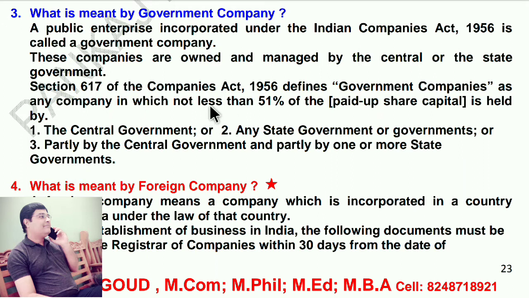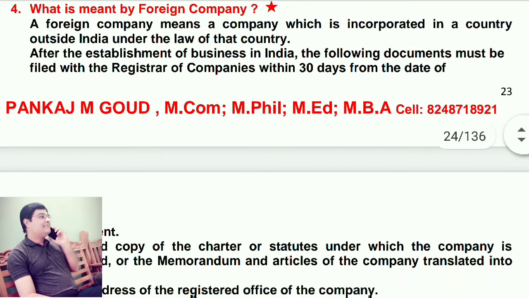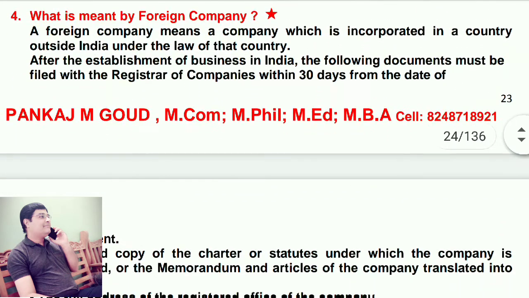So if more than 51% of shares are held by the government, it is known as a government company. Now a very important and very easy question. What is meant by foreign company?